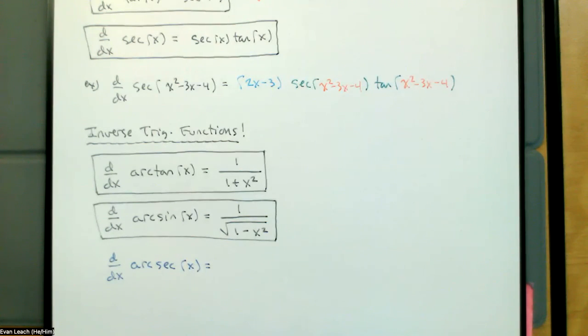So let's have a complete set. The derivative of arc secant of x. Now, if I tell you what the derivative of arc secant x is, for some reason, just having all these on one day will make you instantly remember them forever, and calculus becomes so much easier for the rest of your life. All I have to do is fill in the derivative of arc secant of x, but I have to do it right now.